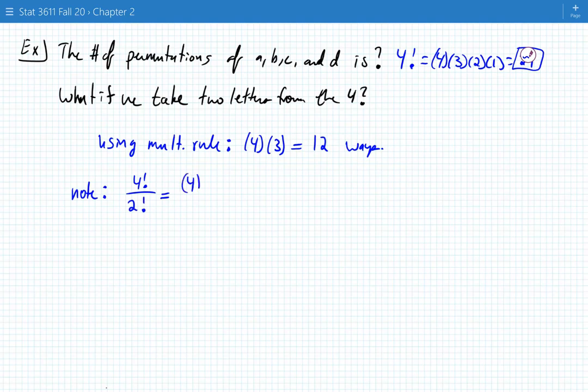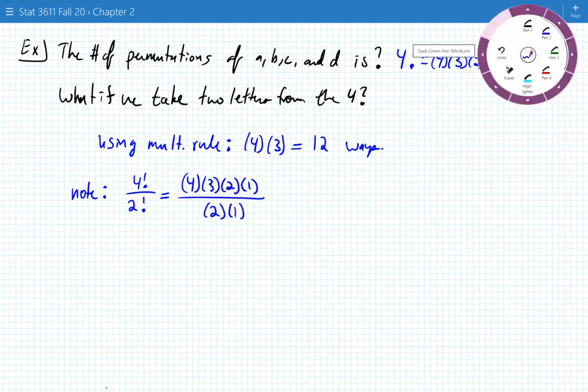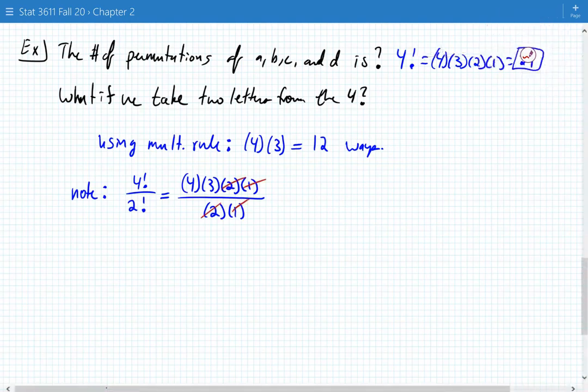If we expand the factorials, 4 times 3 times 2 times 1, divided by 2 factorial, which is 2 times 1, take a look. These are going to cancel. And we're going to get our 4 times 3. We're going to get our 12, okay? So it's not that we're dividing by 2, but we're dividing by 2 factorial. When you're only taking 2 letters from the 4, you're needing to get rid of, if you will, the last 2 stages, right?